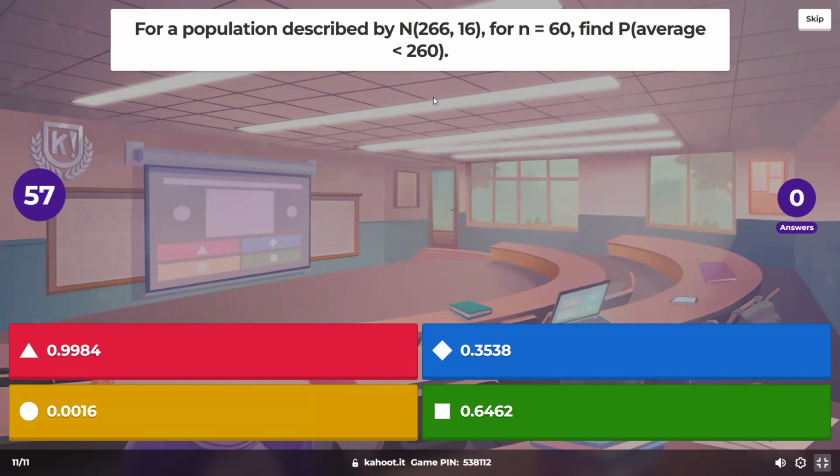All right, now we have to find our z value. 260 minus 266 divided by Derek's number. Todd, tell me about the, you have a crinkle in your forehead. Tell me where you're at.